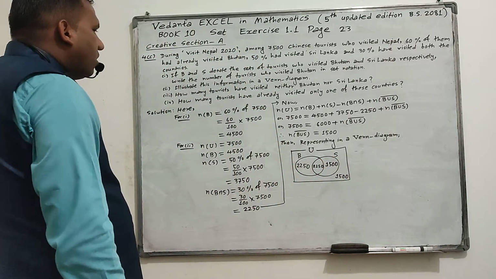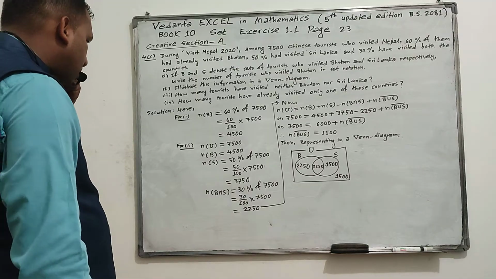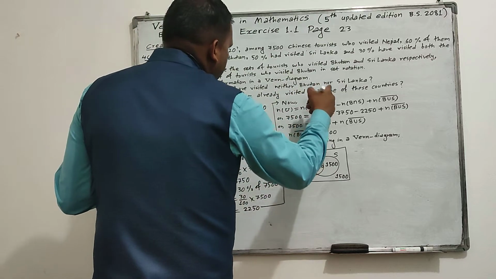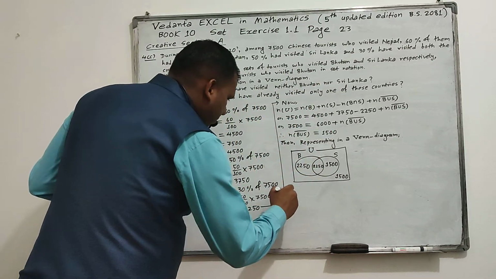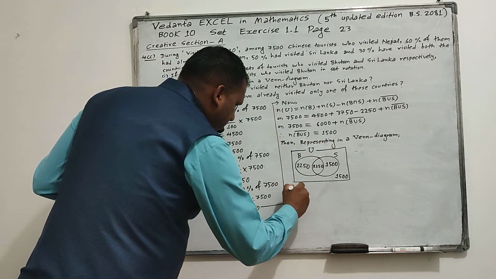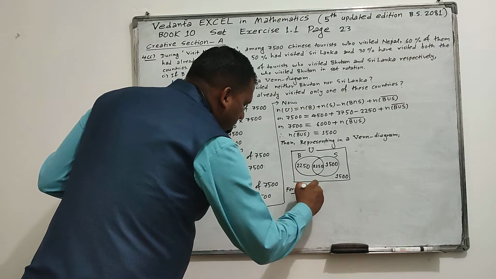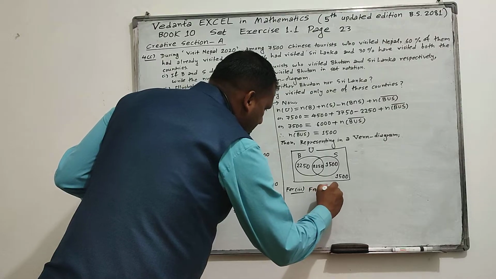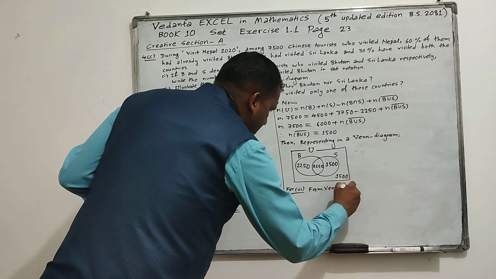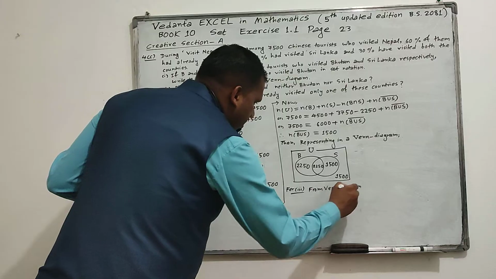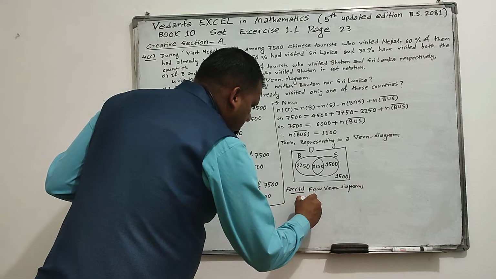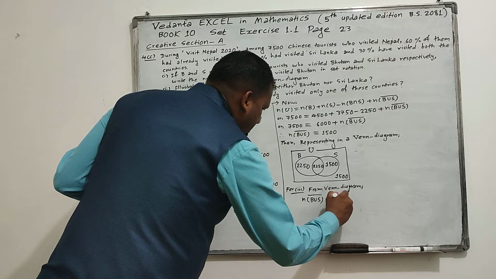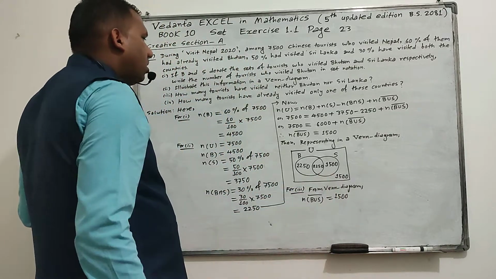After this, for 3, how many tourists have visited neither Bhutan nor Sri Lanka? For 3, from the Venn diagram, number of (B union S) complement equals 1,500, this one.